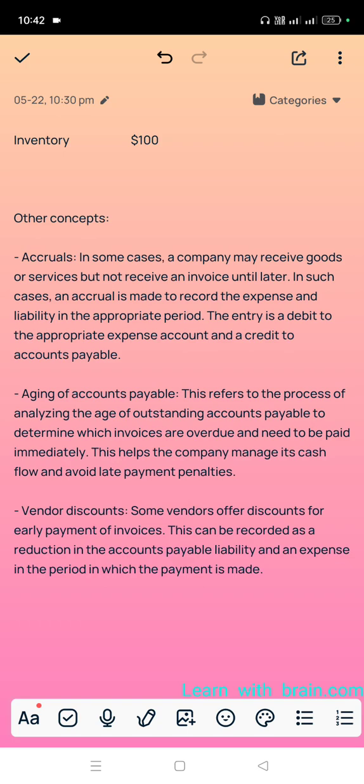If we pay within a month, the vendor gives some discount, maybe 1% of the amount or any other percentage or amount. It is also discussed in a separate concept. Don't worry, each and every concept of accounting and commerce, we have covered in detail.